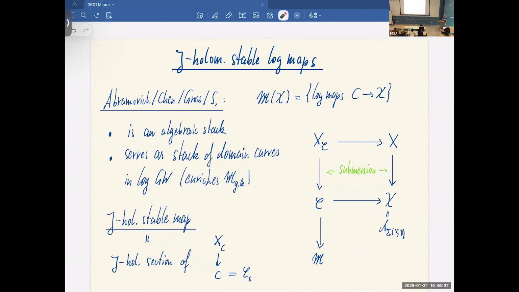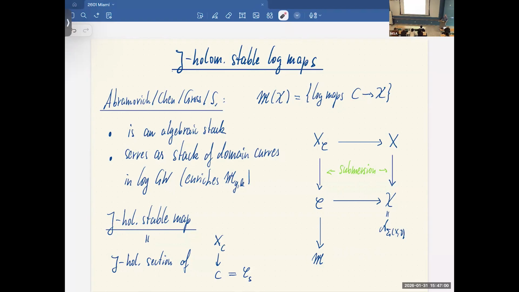And then it has only very discrete information in what's happening on the M bar level, which is captured in what's called the tropicalization. The tropicalization is the dual of that. So these log maps are the same as giving this log structure on C, together with this tropicalization.